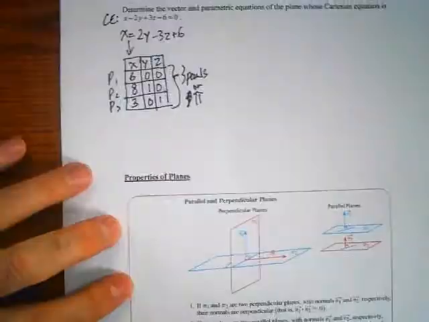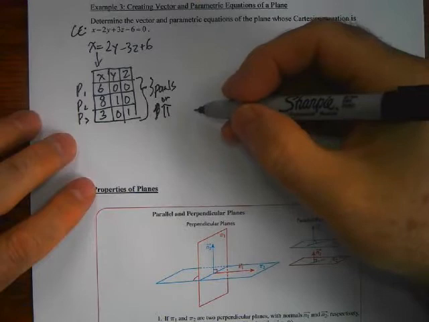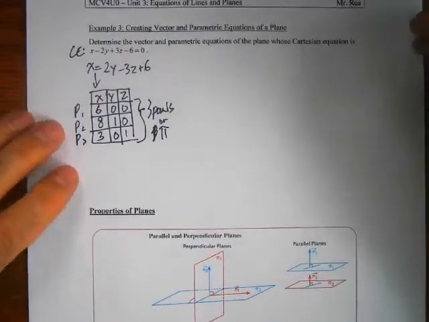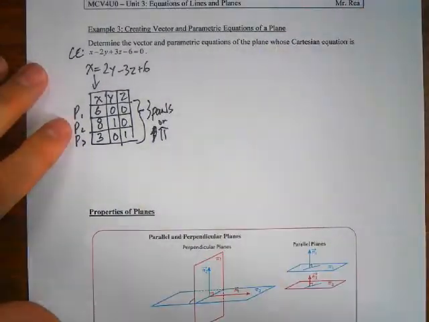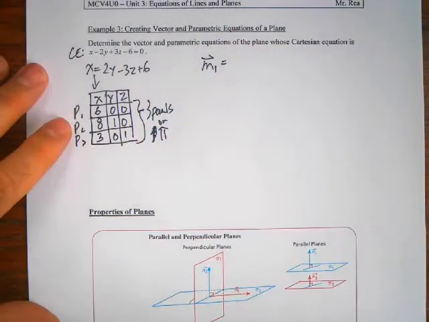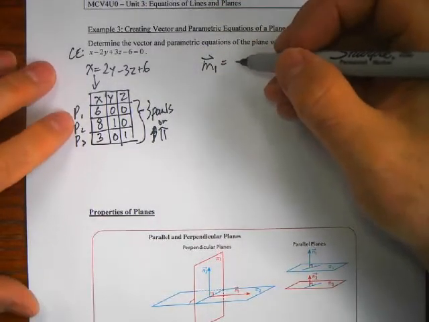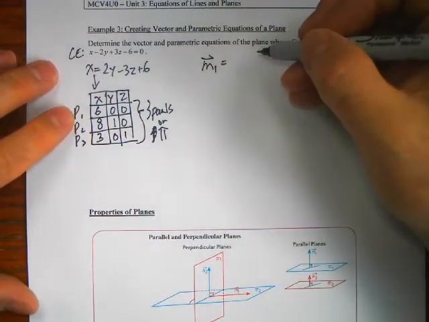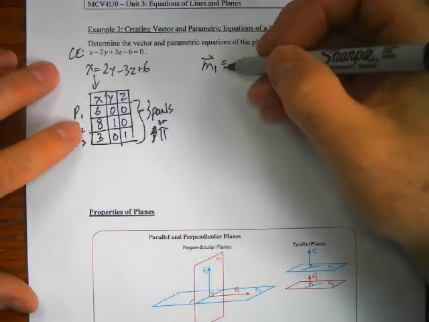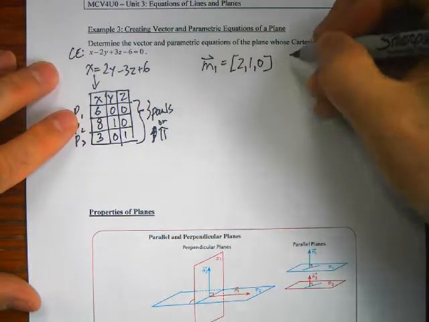Okay, so now we've got the 3 points. Basically what we do is what we did last lesson. We take these 3 points, we create 2 direction vectors by just subtracting the coordinates. So if I do P1, P2 to get the first direction vector and I subtract, I get 2, 1, 0 as a direction vector.